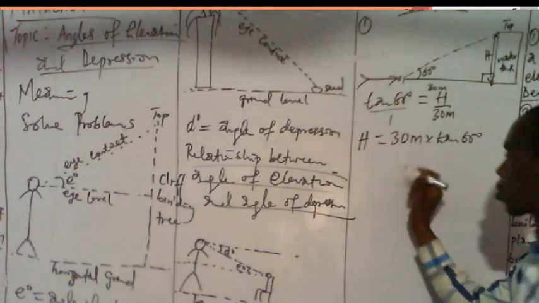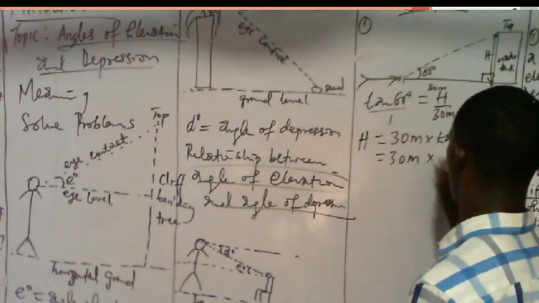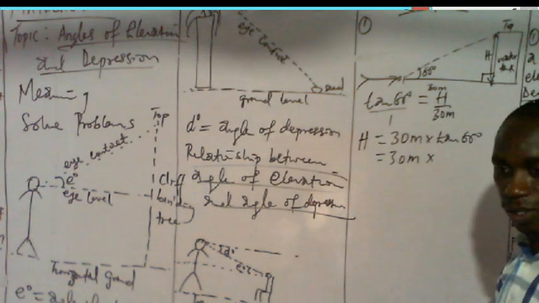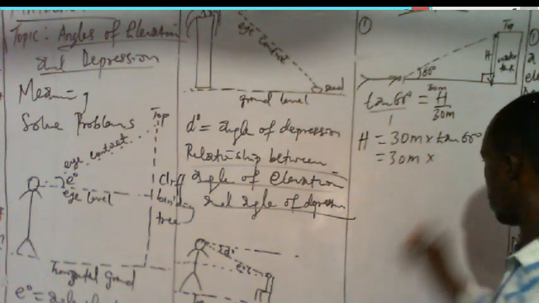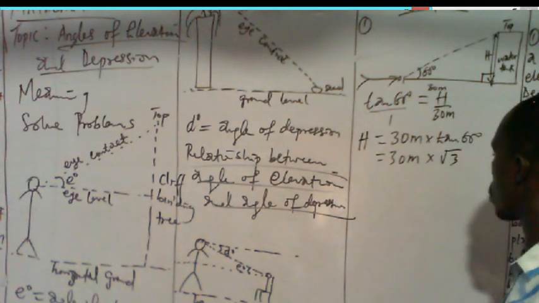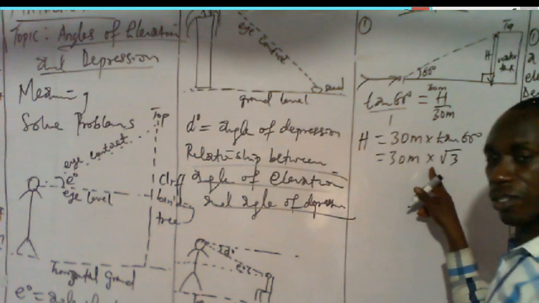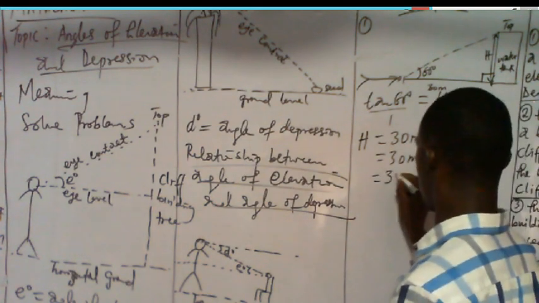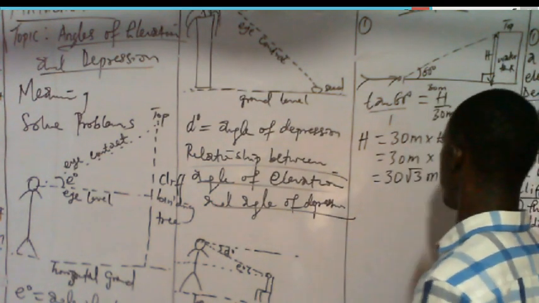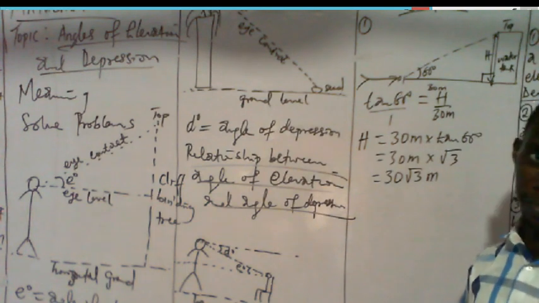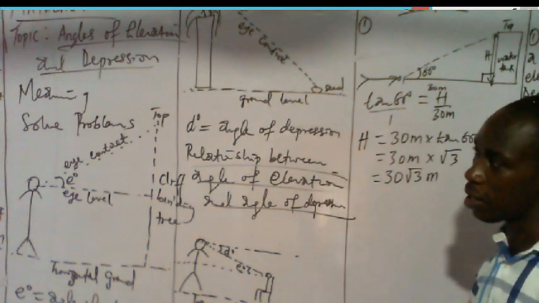We are looking for our H. 30 meters times tan 60 degrees, which is given as √3. So 30 meters times √3 is 30√3 meters. That is your answer. Let's take question number 2.